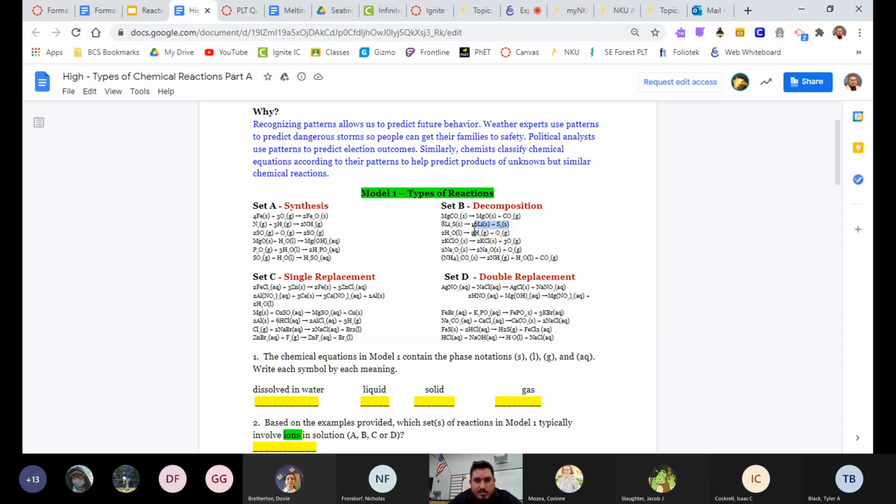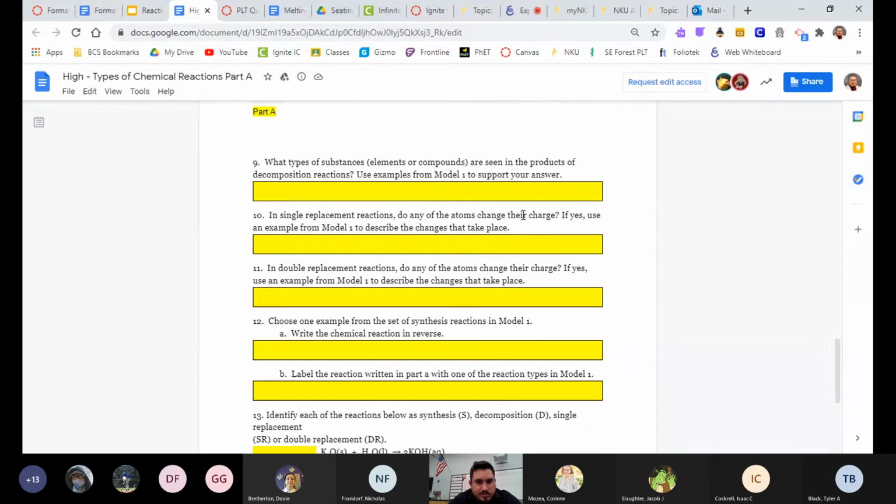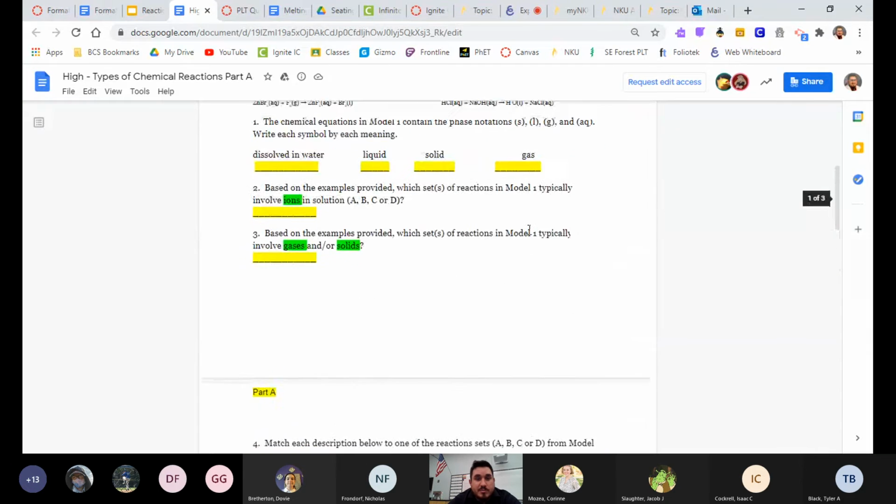Element or compound? Or both. We got two different answers there. Oh, we got three different answers now. Let's try to get a majority vote here. So it's going to be both for decomposition.